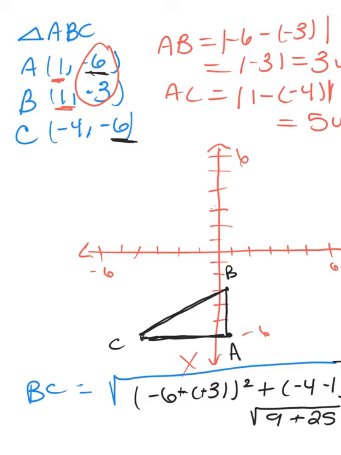So now, what's my last step? What's perimeter? Add it all up. So when you plug this into your calculator first, and then you add 5 and 3 to it, you get 13 point something, approximately 13.83 units.